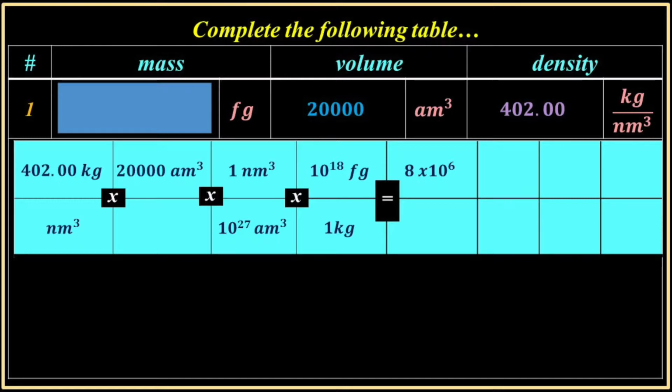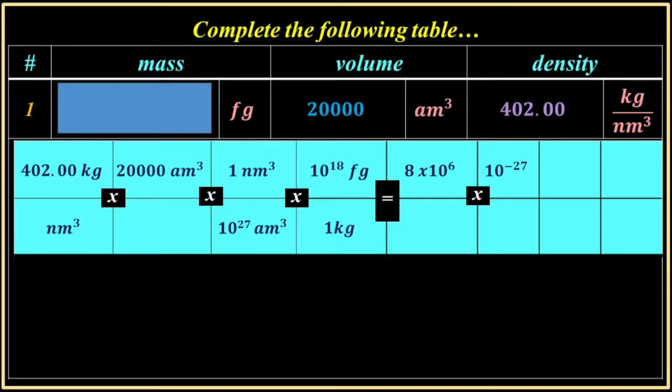Put that in your calculator, double check that, make sure you get that. And I bring over 10 to the 27th in the numerator, so it'll be 10 to the -27th. And then I also bring over 10 to the 18th, and that'll be positive 10 to the 18th.